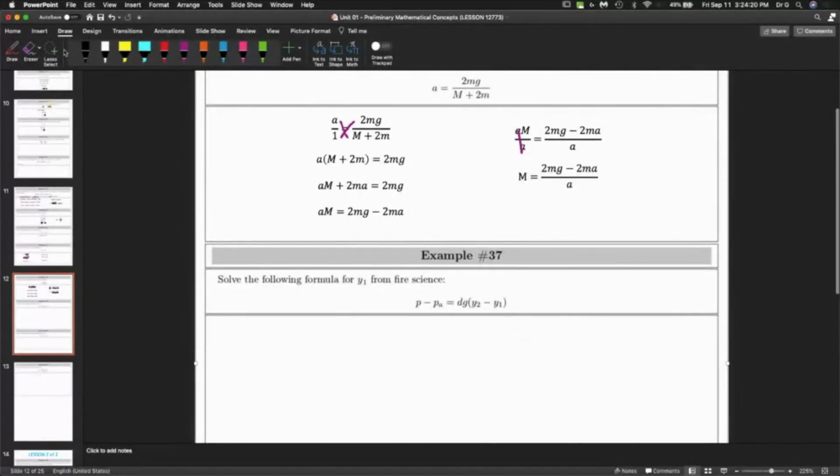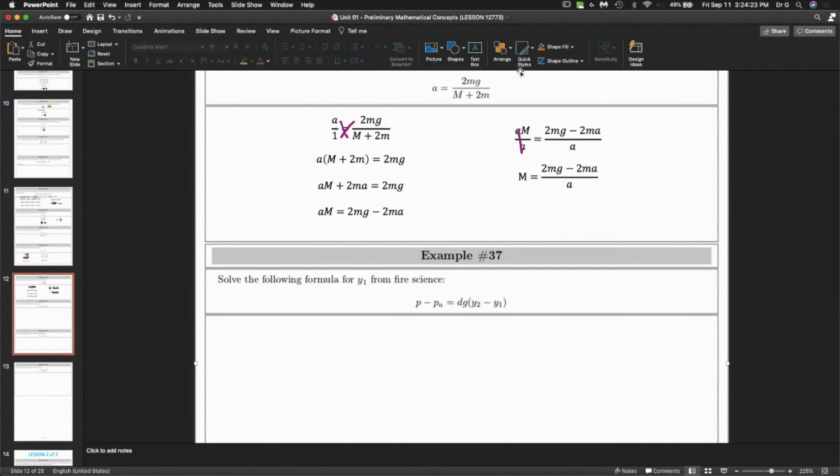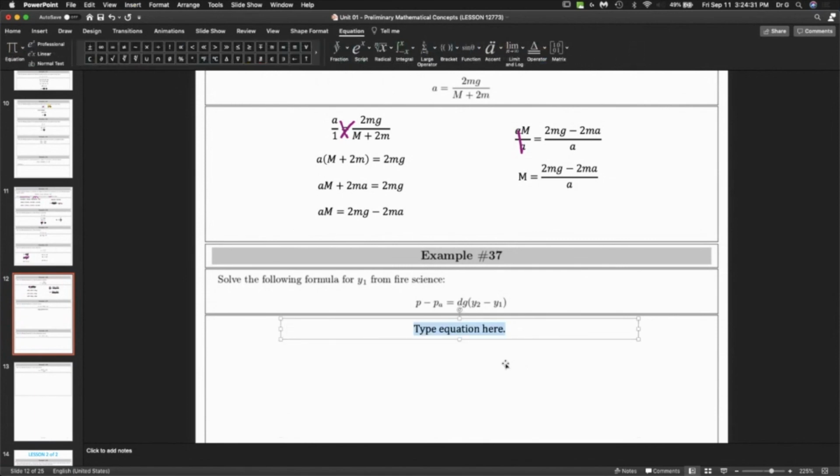All right, we're trying to solve for y1 in the next question. I'm going to just go through the first step before I see any comments. First step you want to do is expand, or you can try another thing here as well.